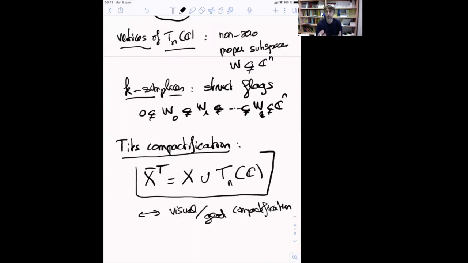So in this way, you can think of a point in the Tits building as a direction.